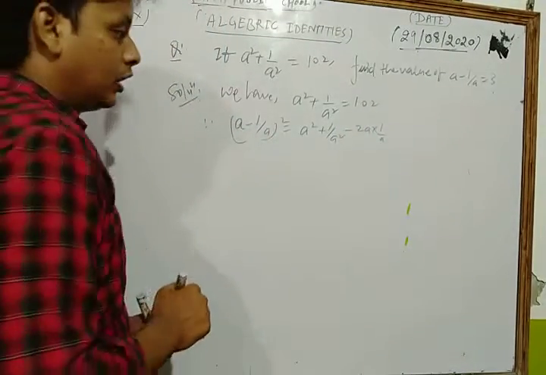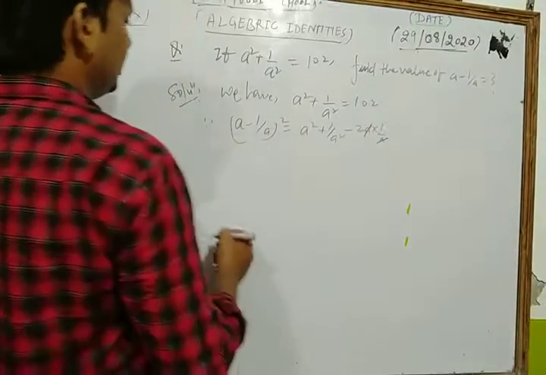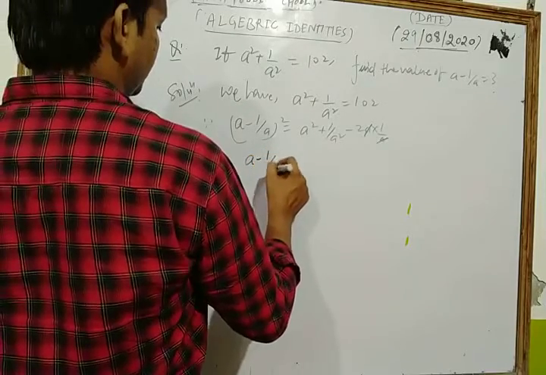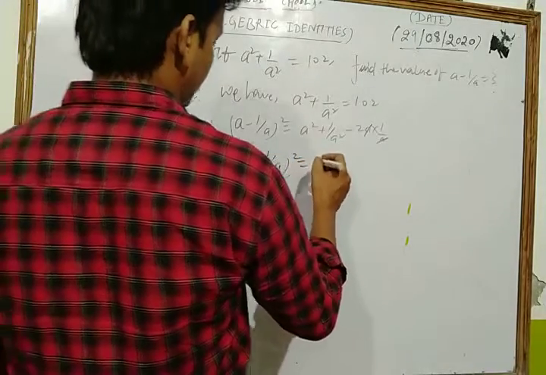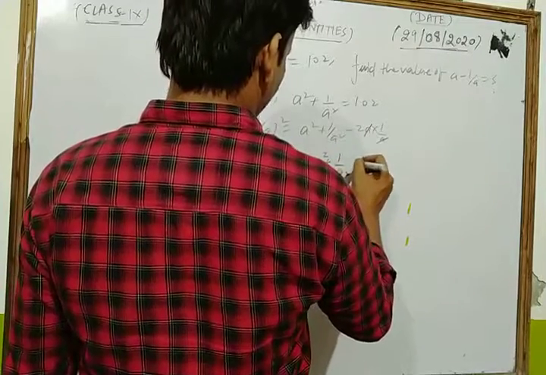Here a and 1 upon a cancel each other. So a minus 1 upon a whole square is equal to a square plus 1 upon a square minus 2.